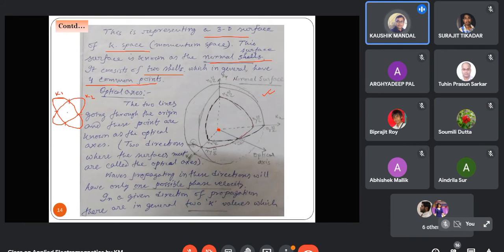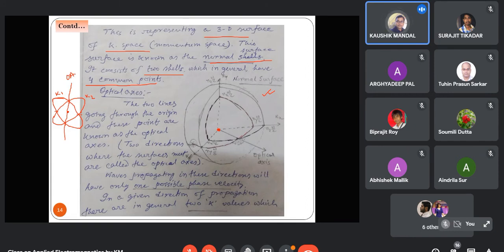Now we can draw at least 2 lines. The condition is that the corresponding line must pass through the origin, or center, of these two shells. So we can at least draw 2 lines. One is like that. These are called optical axes.